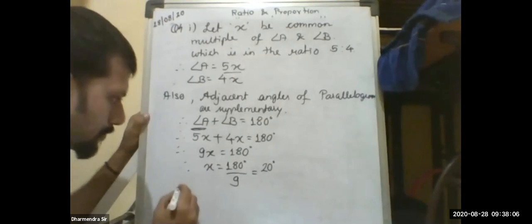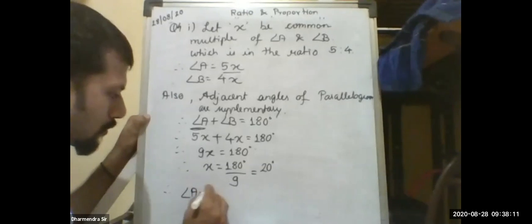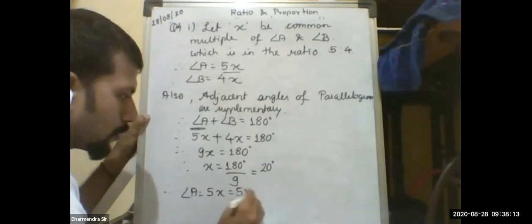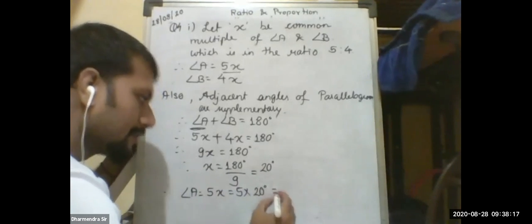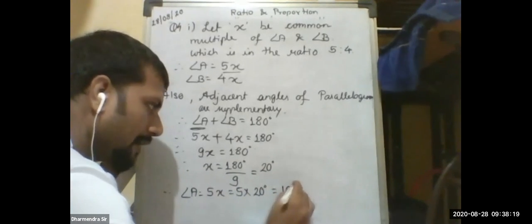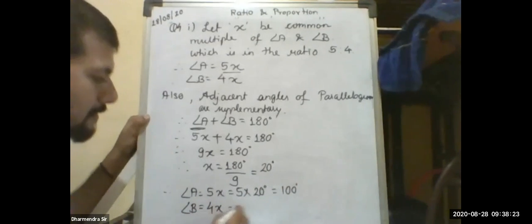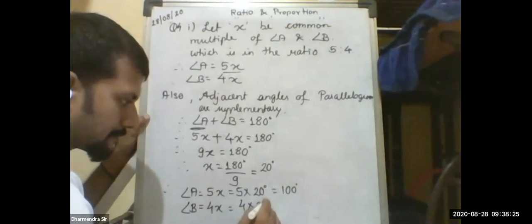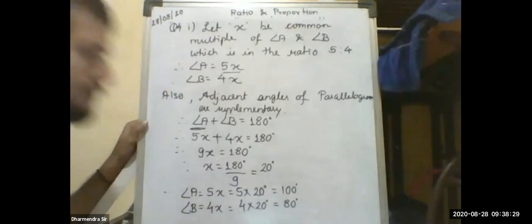So therefore, angle A is equal to 5x, which is 5 into the value of x, 20. That is 5 into 20, which is 100 degrees. And angle B is equal to 4x, which is 4 into 20. So I got it as 80 degrees.